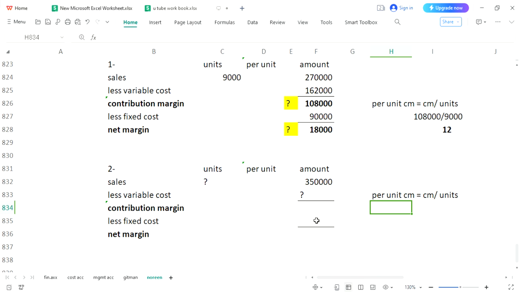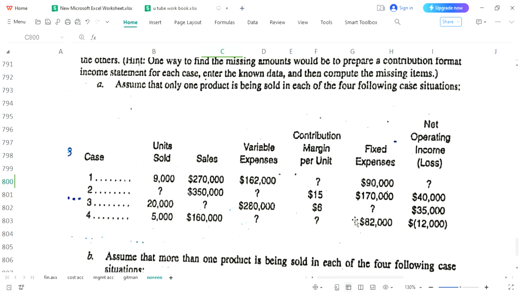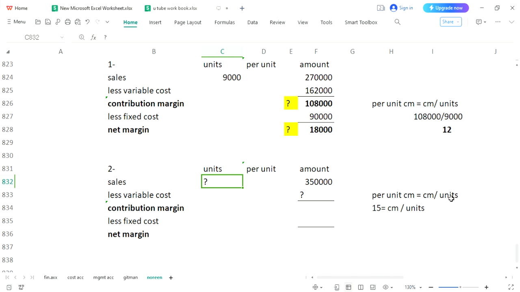So you can write 15 over here, and next is CM over units. You can see that CM is still unknown and number of units are also unknown. So we'll have to wait for CM and units. Go to the next part. CM per unit is written. Fixed expenses 1,70,000. Put fixed cost as 1,70,000.